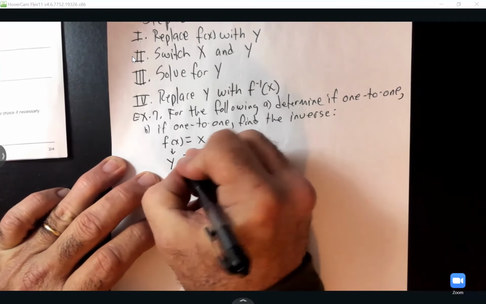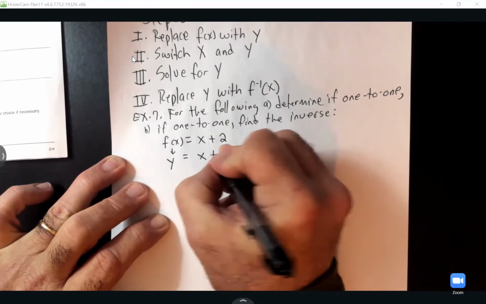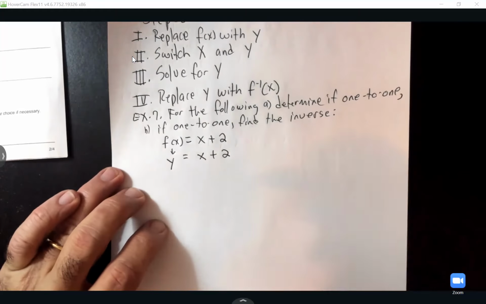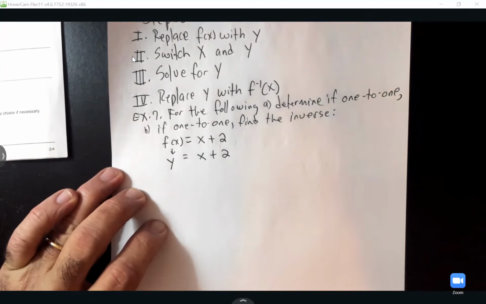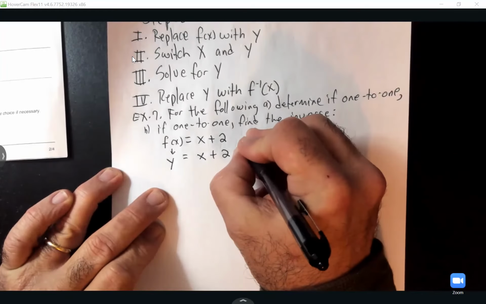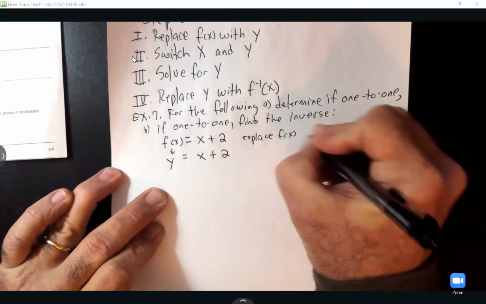So f of x, replace it with a y. So this is now y equals x plus 2. And that's another thing we want y'all to realize. f of x and y are definitely the same things, okay? So first step we did, replace f of x with a y.